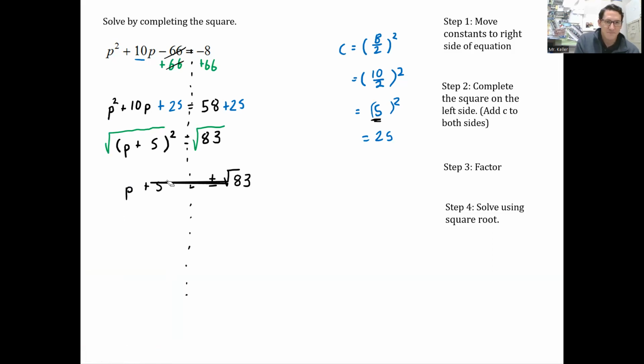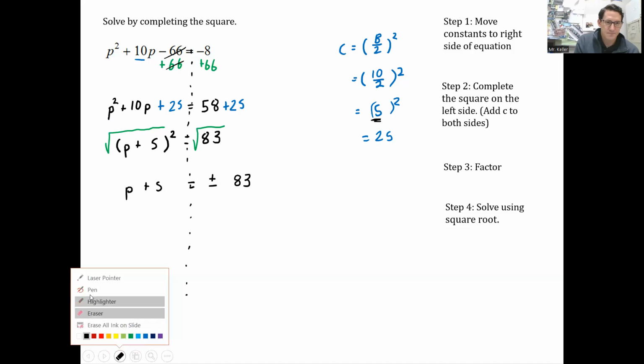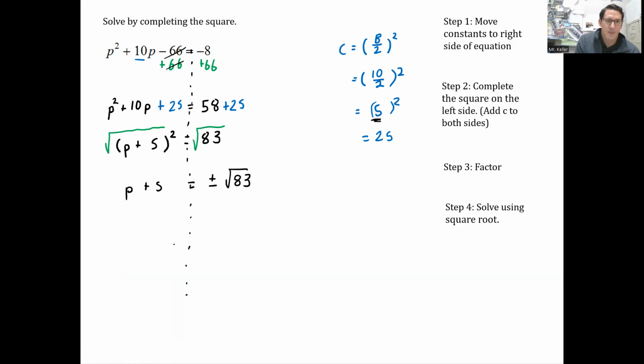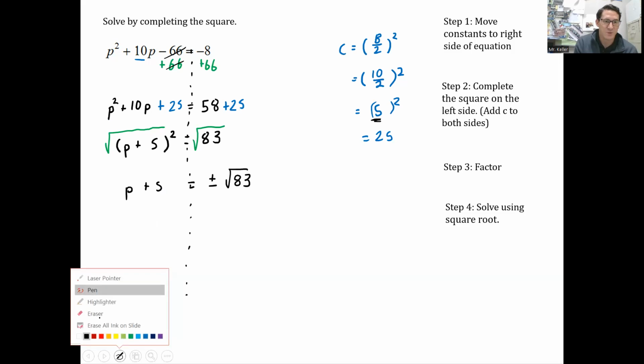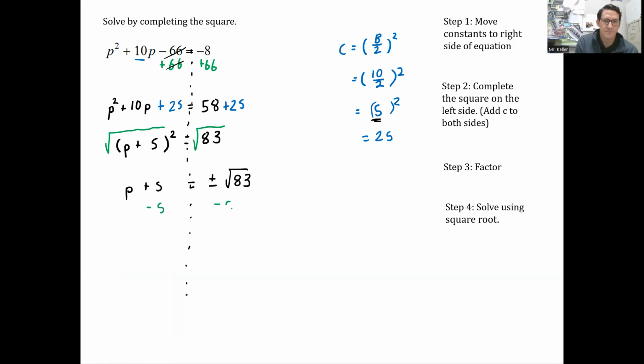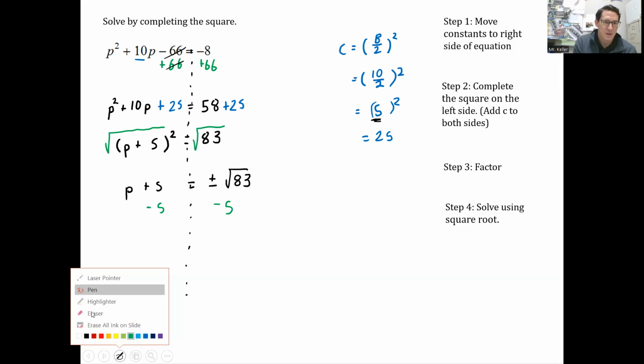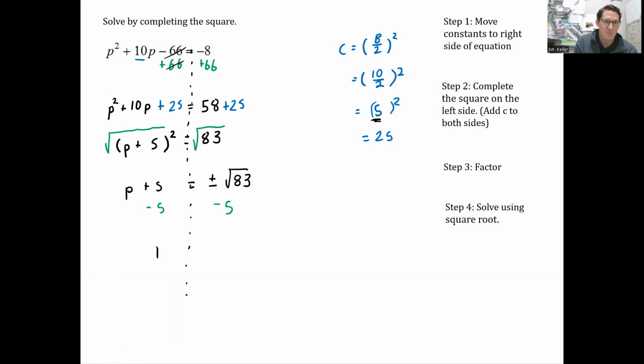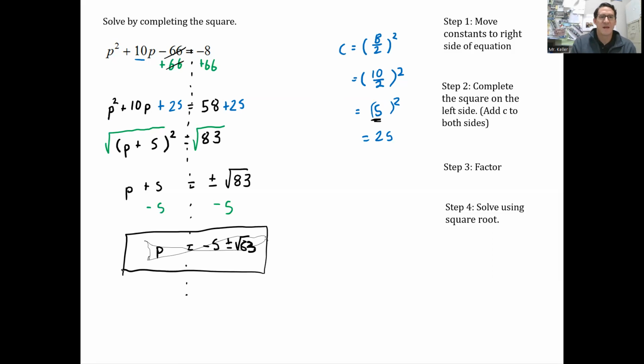Let me clean that up. And then I'm going to subtract 5 from both sides. And I get p is equal to negative 5 plus or minus root 83. Wow. Okay. The board is going nuts. So I know it got scribbled over, but that's all it is.